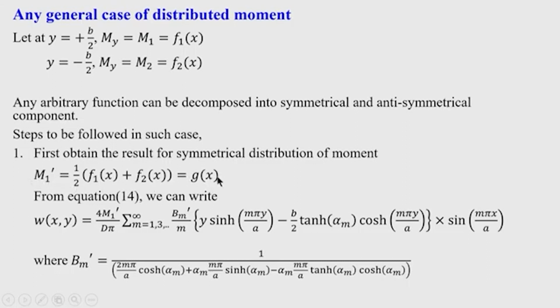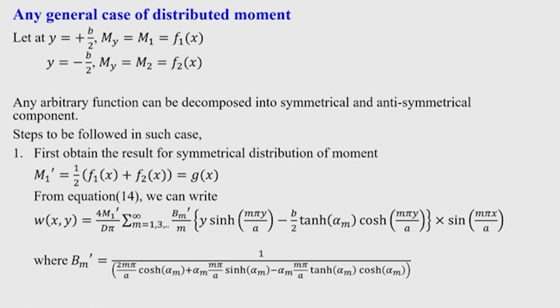If these two components of moments are acting on the two opposite edges, this is taken as the symmetrical part. We can use the symmetrical expression for the deflection that we have derived earlier.